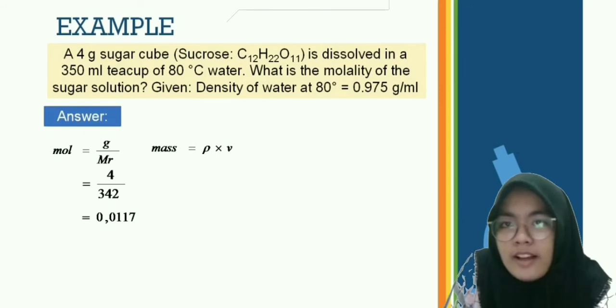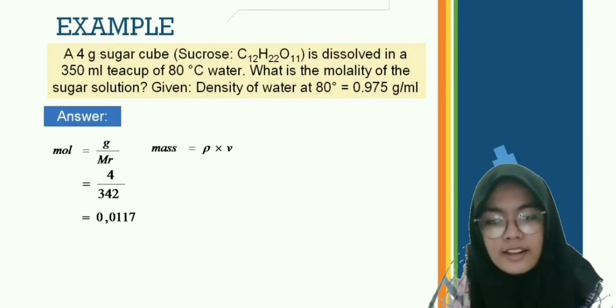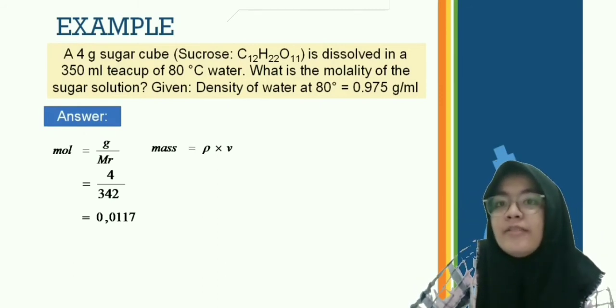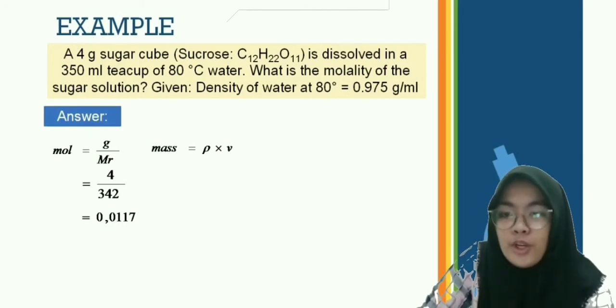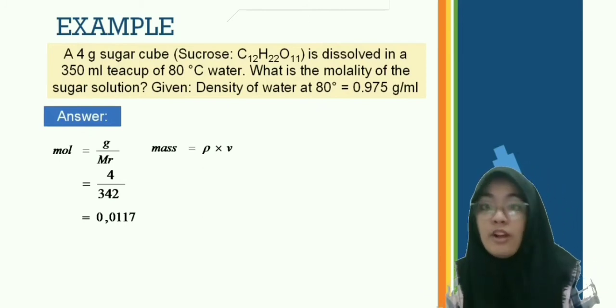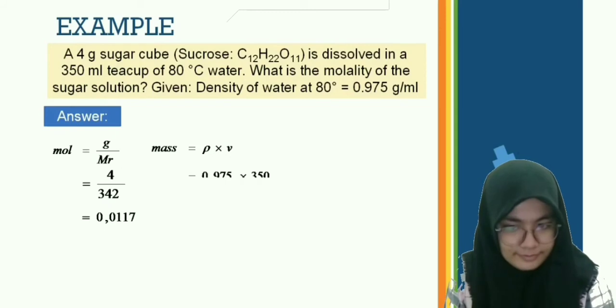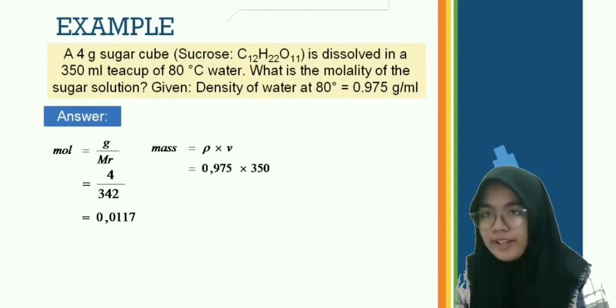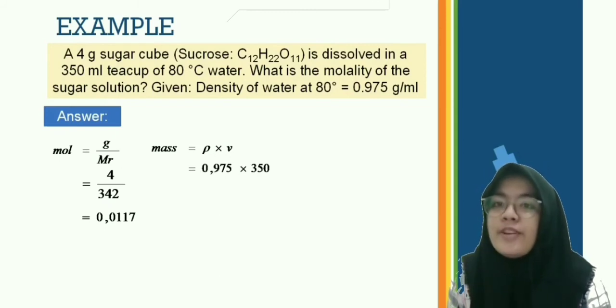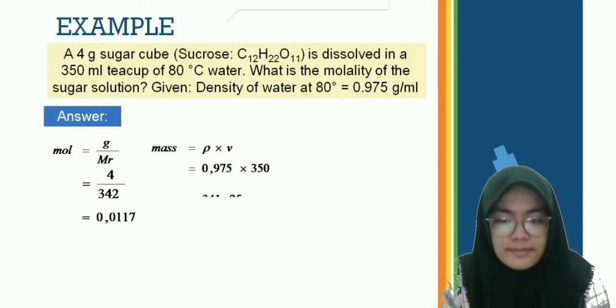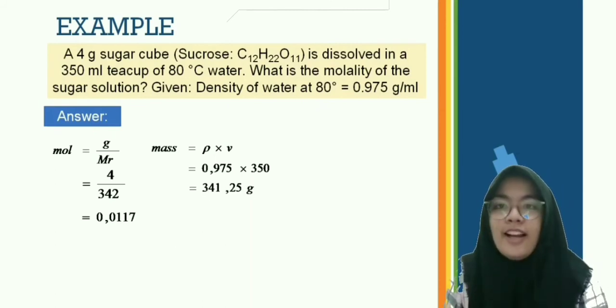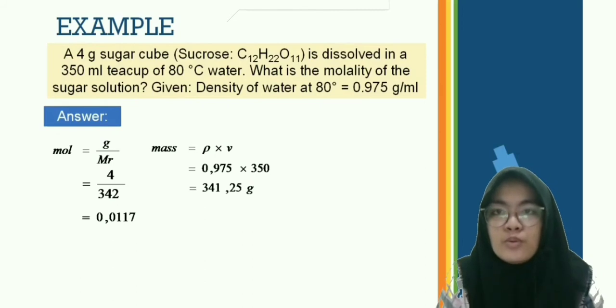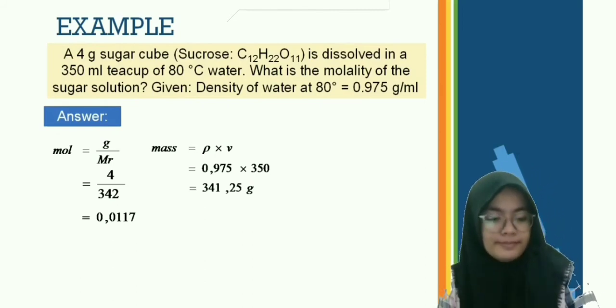Then we have to find the mass of the water. How to find the mass of the water? Mass is the density of the water times the volume of the solvent. There we have it, 0.975 times 350, and then 341.25 gram.